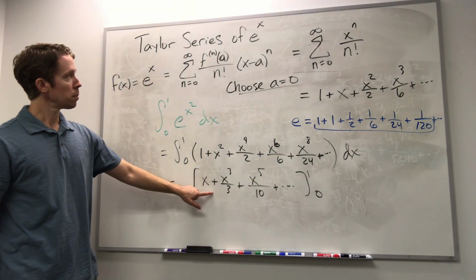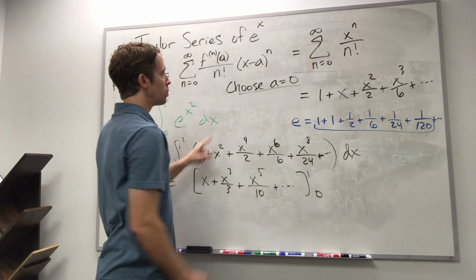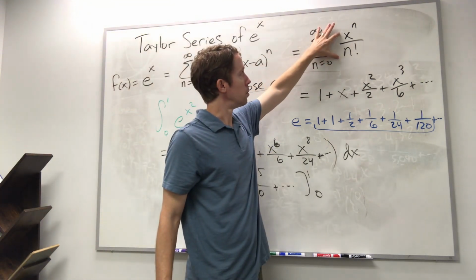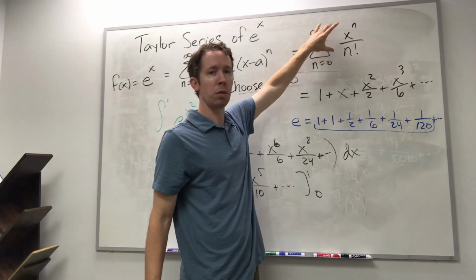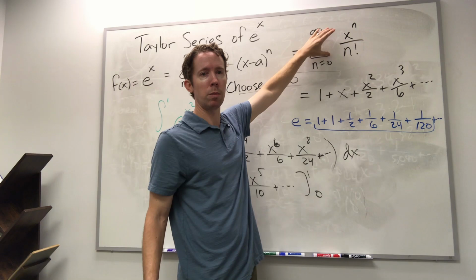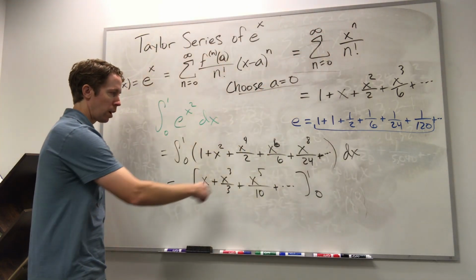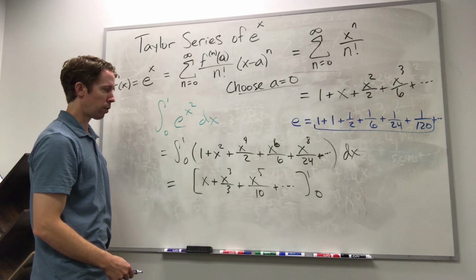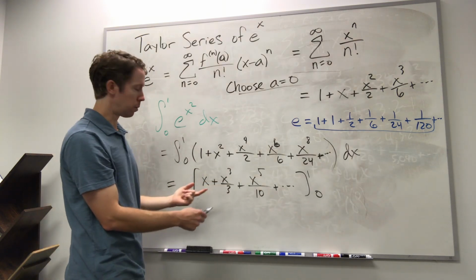Now notice, if I would have written this series out using this expression and replaced x with x squared, it would be pretty easy for me to find the general antiderivative from there, so I could have saved myself a little time. But I think this is nicer to look at for a first example. Now I plug in 1 into this, and I plug in 0.